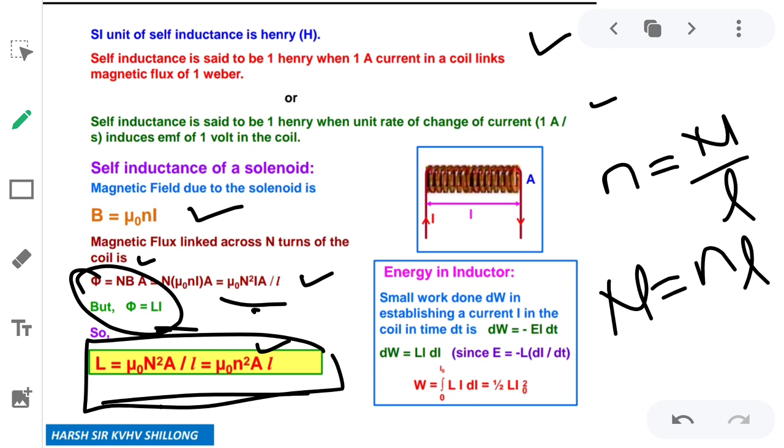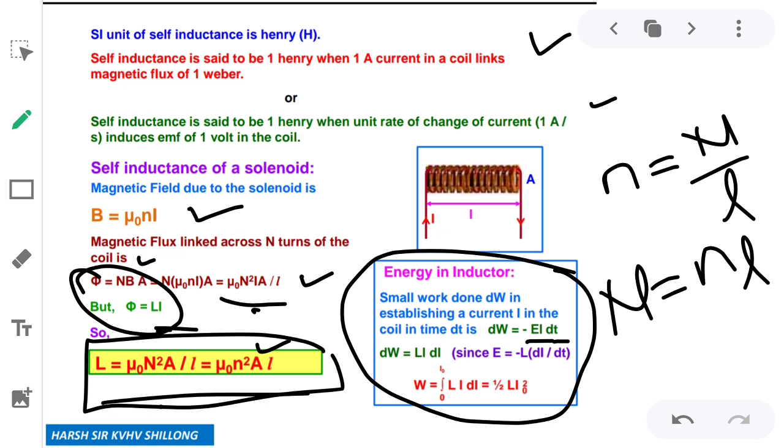What is energy stored in the inductor? This is a very small derivation. You can easily understand from this part I explained here. Work done is what? It is force times displacement. Or you can say what is work? V into I, VI dt. So EMF into current into dt for the small work dW. Now put the value of E in this, that is minus L di by dt.